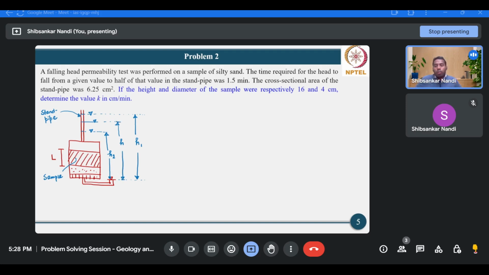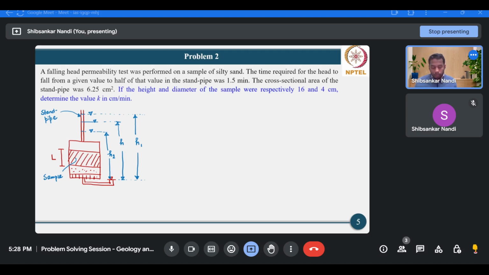So what you need to do is measure the fall in head at different time intervals. This standpipe is graduated. Once the flow is happening through this sample, there will be a fall in the head in the standpipe. That fall you have to record at different time intervals, and only a pair of data, that is two observations, are required to calculate the hydraulic conductivity, that we will see.